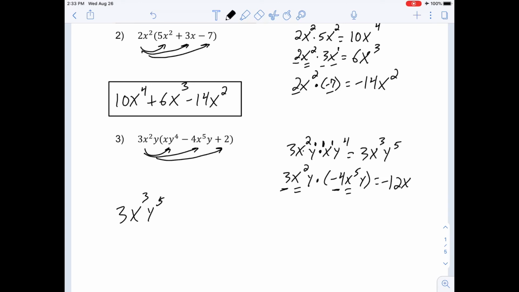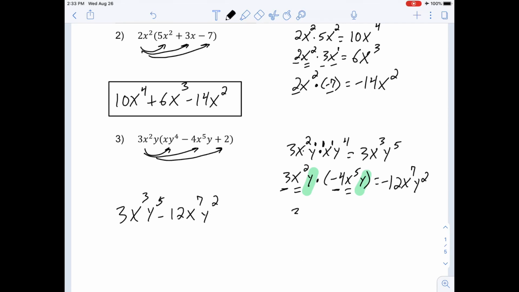So you add the exponents, so it's x to the 7th. And then we have y times y, so y to the first times y to the first is y squared. So that gives us -12x to the 7th y squared.